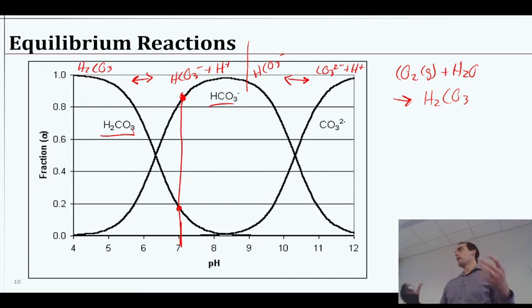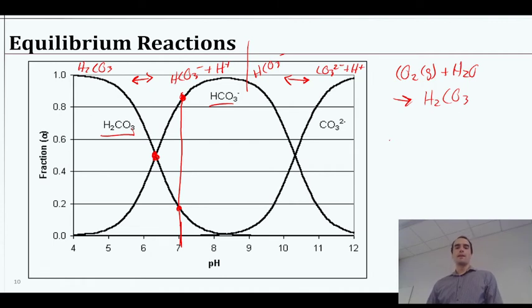Okay, so that can be a useful way to look at it. And if we define a spot where they are equal, regardless of the pH or whatever, if we're interested in when those two species are equal, we can define those spots right there. And that's actually how we define our equilibrium.